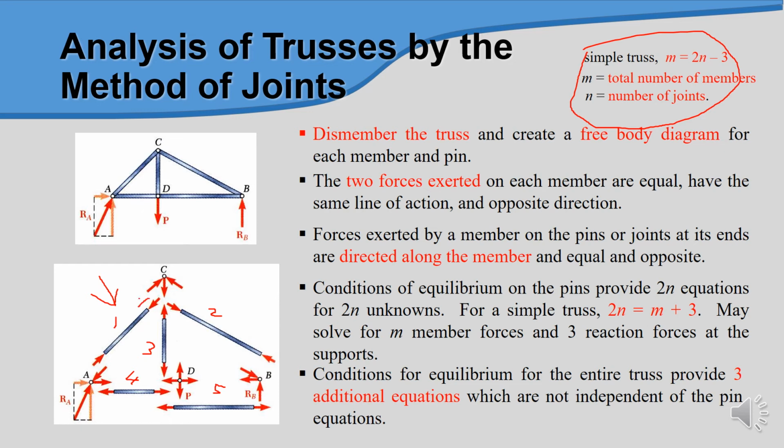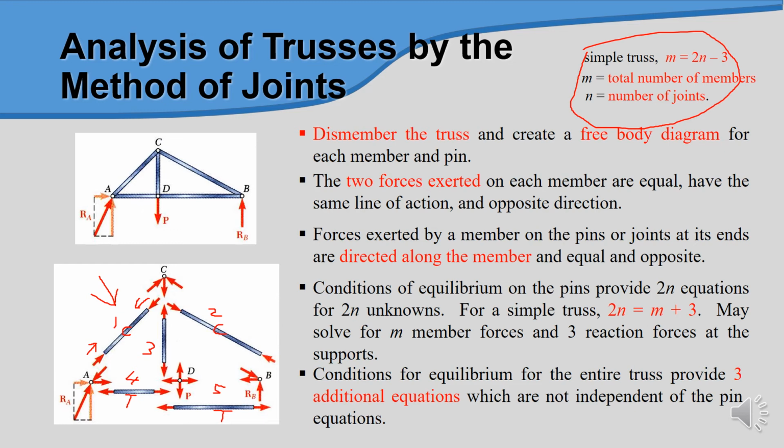That means two forces compress at the opposite direction. This one is a compression, this one also compression, this one tension, and this one also tension. This is the assumption in this diagram.